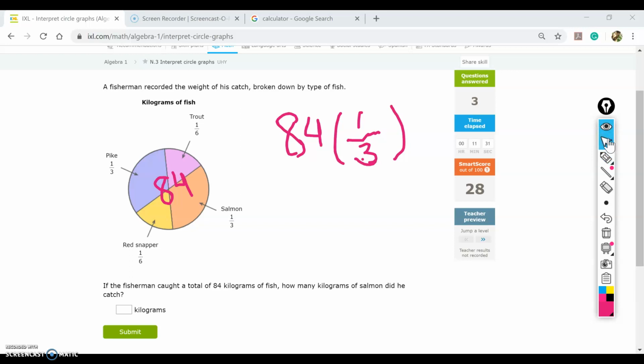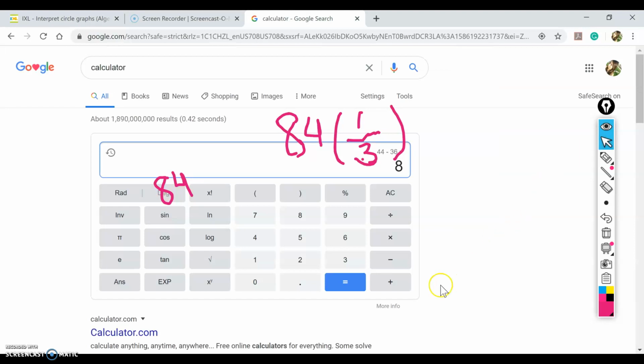So I'm going to go to my calculator and I will multiply 84. If you're able to write the fraction, then write it. If not, just put 1/3, whatever you get, then multiply times 84. In this case, I think it will allow me to put the parentheses. So I would do 1 divided by 3.